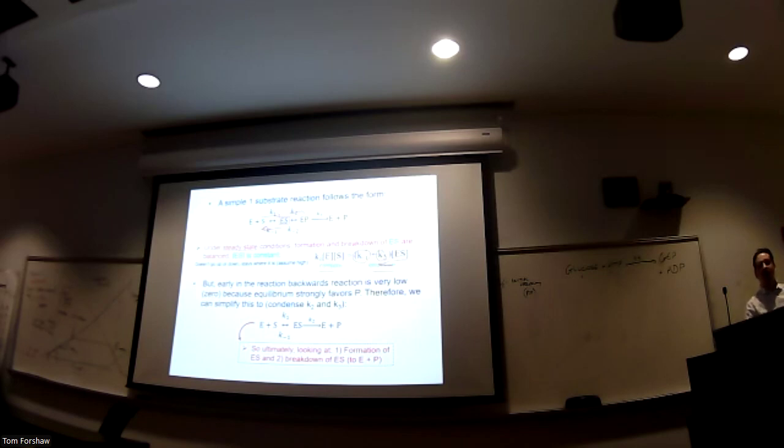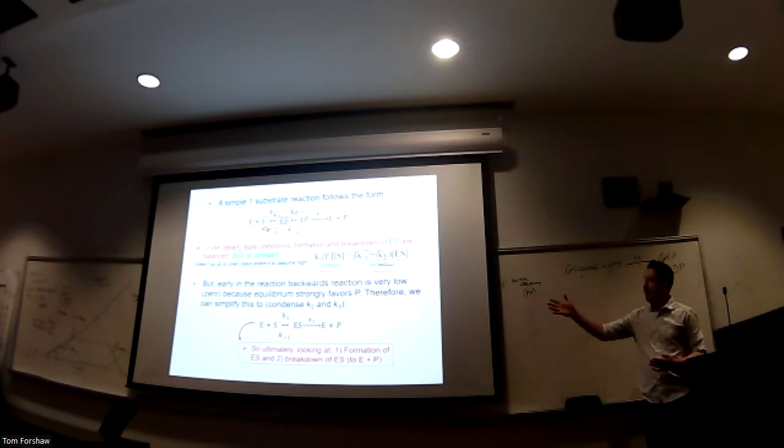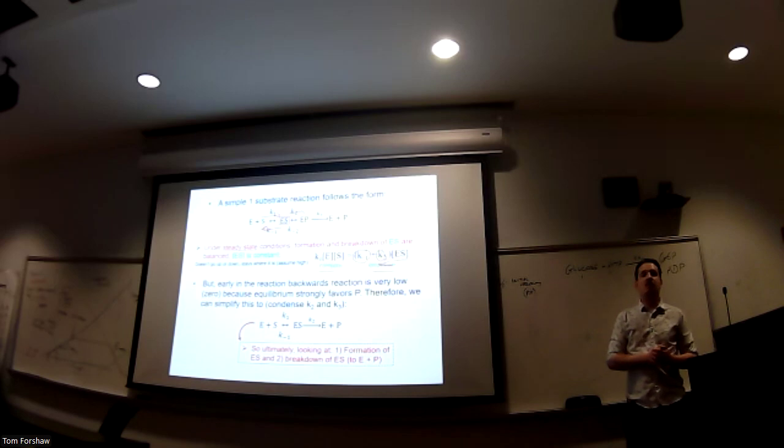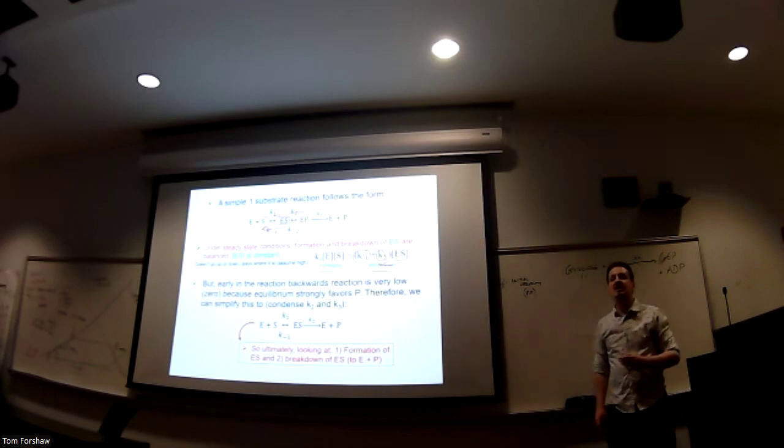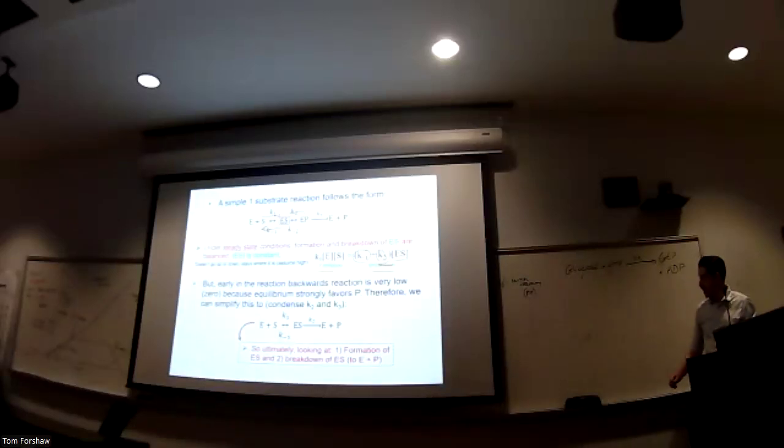But early in the reaction, remember Le Chatelier's principle and the way that it moves things, the equilibrium probably favors moving over to the right. Right at the beginning, let me get my pen.